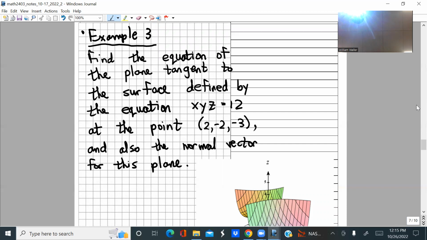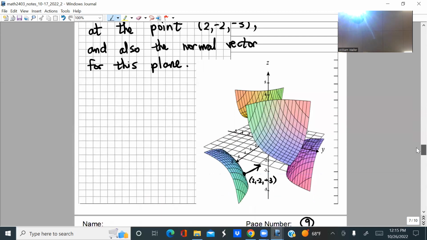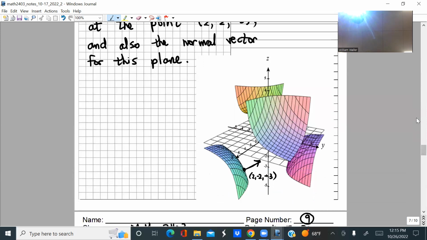So this point is on that surface because it satisfies that equation. So here's a picture of that surface. Notice it's got a bunch of separate pieces to it. They're all separated. Looking at the tangent plane at this point, right there, in this picture.